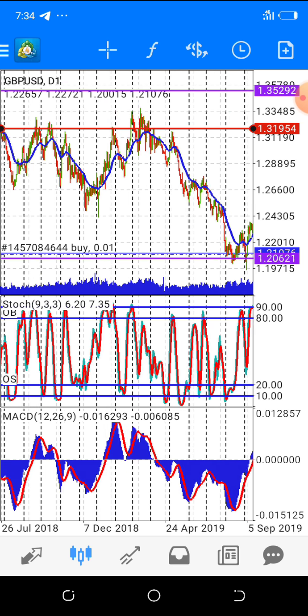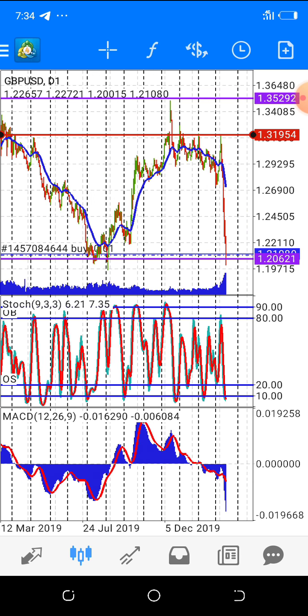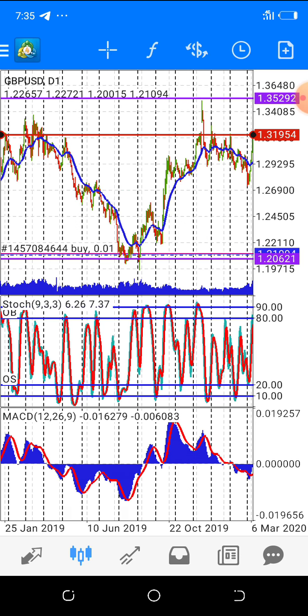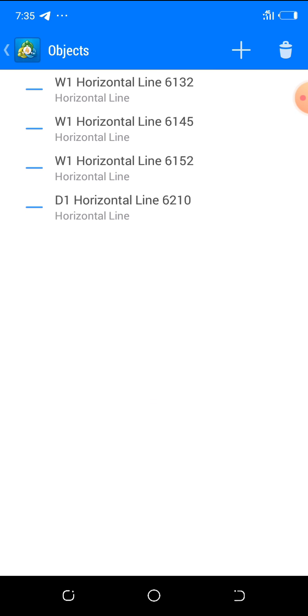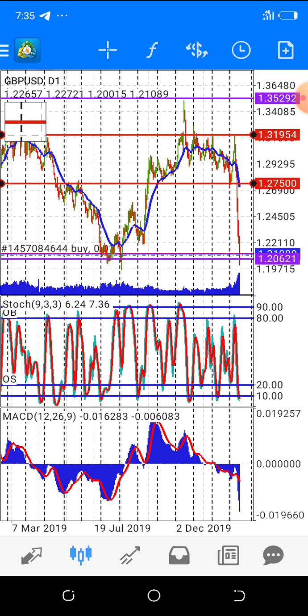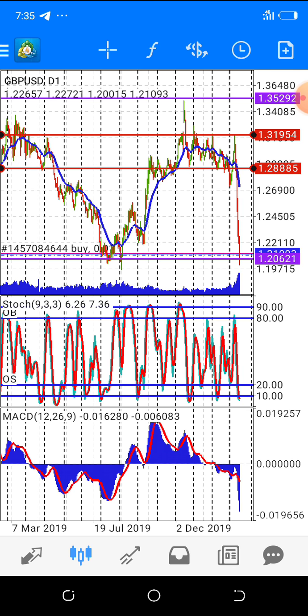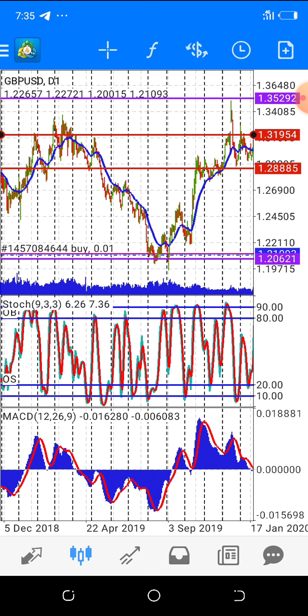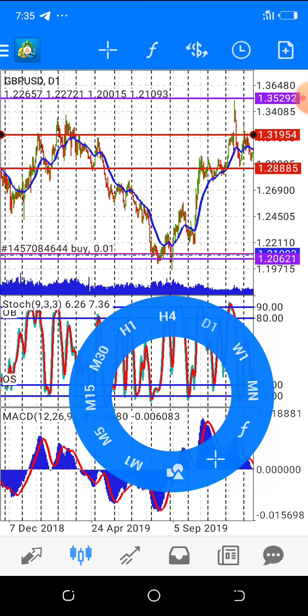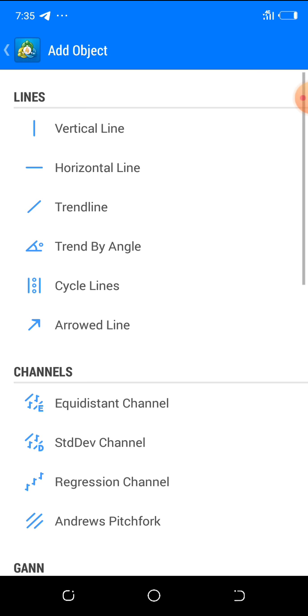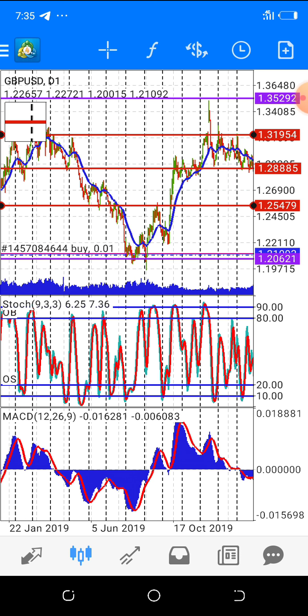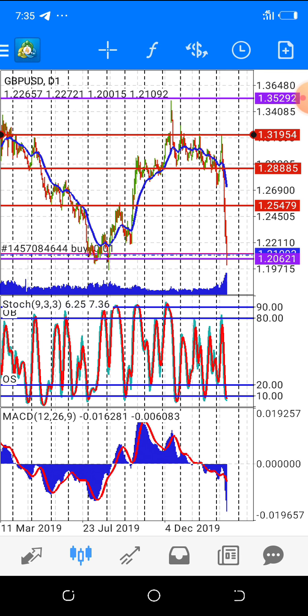If you have to stretch yourself to look for it, then it's not a resistance. A resistance or support should be very, very clear and obvious. Another area is this zone. There's another zone, then I see one here too. So these are key areas.